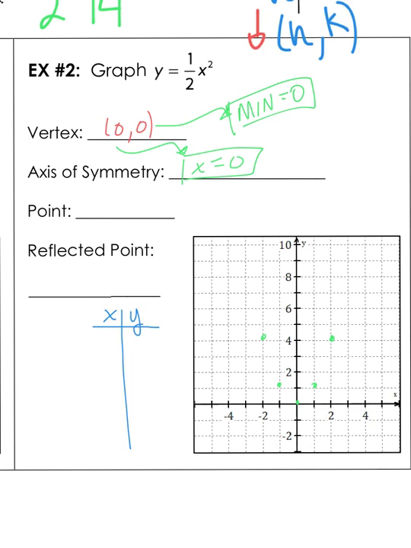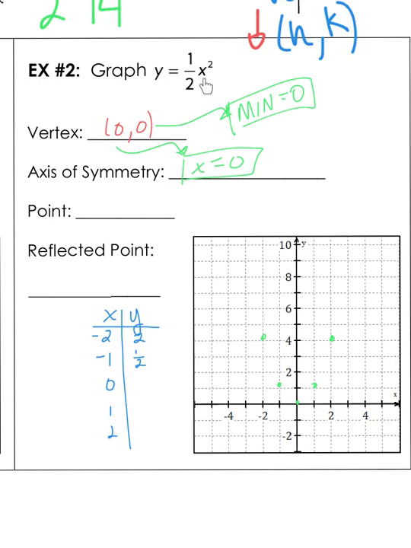So I'm going to use the same x values as the parent function because there's no right-left movement. So if I put -2 in here and square it, I get +4, and then half of +4 is +2. If I take negative 1 and square it, I get positive 1. Half of positive 1 is 1/2.